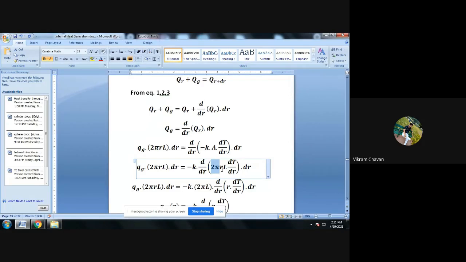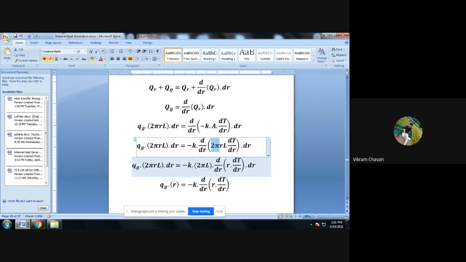We keep R inside the bracket. So our equation becomes: Q suffix G multiplied by 2 pi RL multiplied by dr is equal to minus K multiplied by 2 pi L multiplied by the differentiation with respect to R of the bracket, in the bracket R multiplied by dt divided by dr, bracket complete, multiplied by dr.